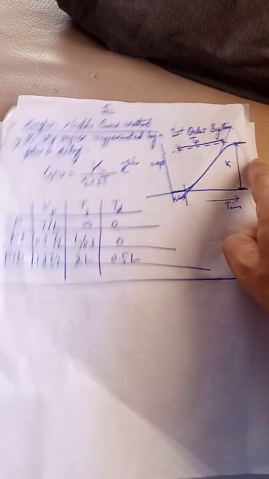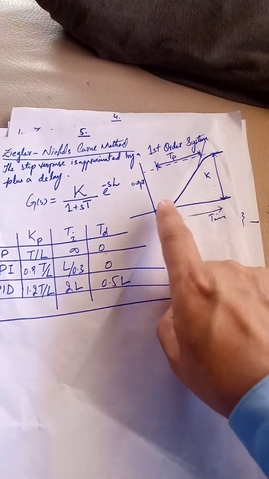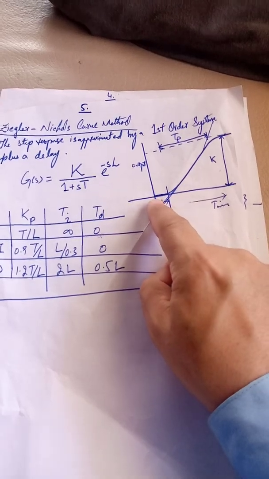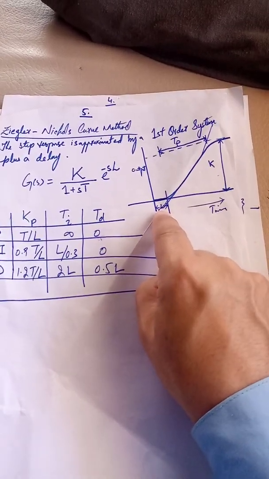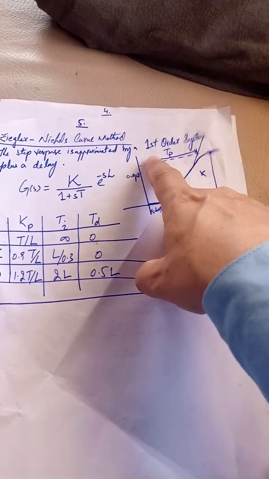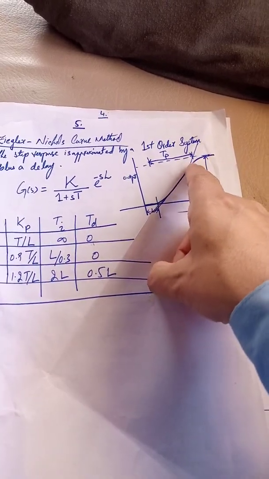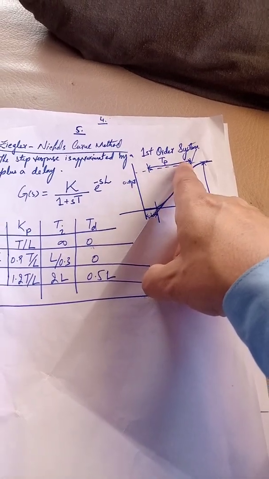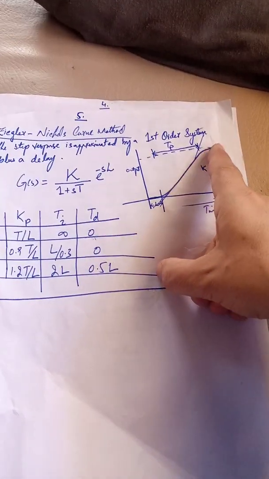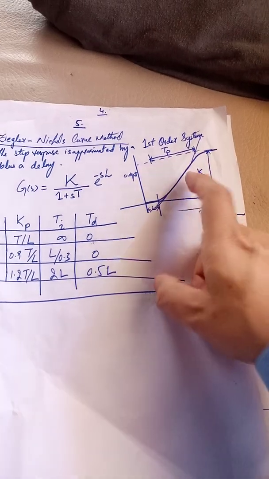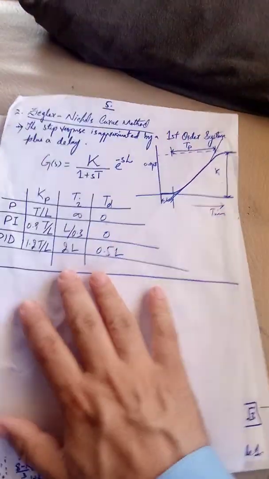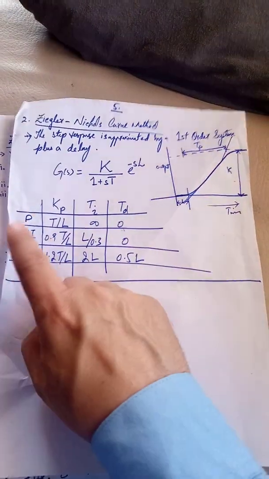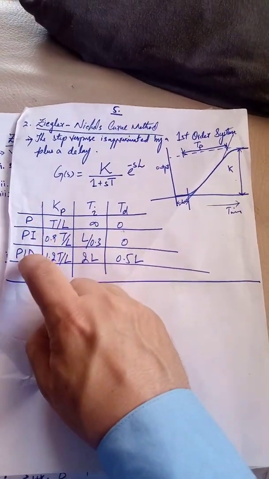So this is the curve, and we make a tangent to it. From 0 to where the curve starts, we call it the length L. From this point where the curve starts to where the tangent crosses the final value, we call it T. Similarly, the height we call K. Now we use these three terms to tune the P, PI and PID.